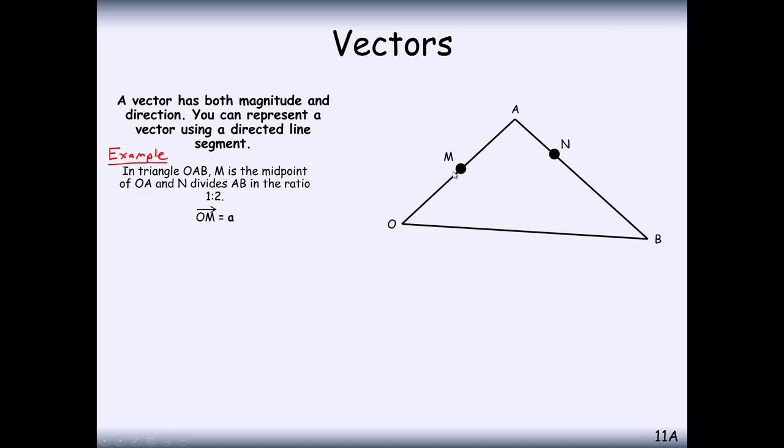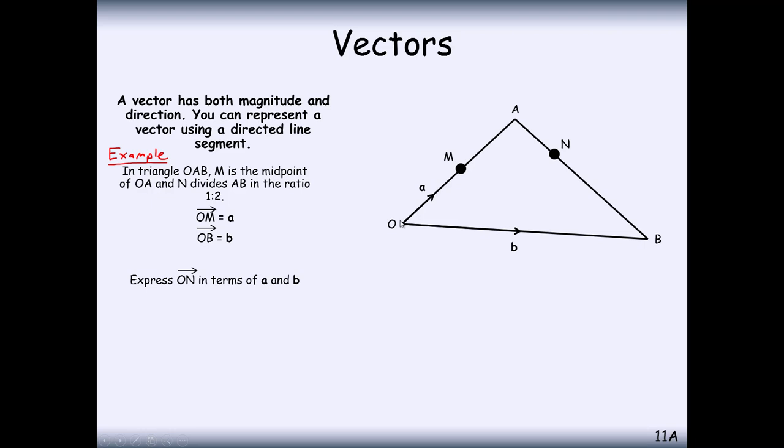OM is equal to a, and OB is equal to b. So all of that length there is equal to b. Okay, express ON, so we've got to go across there and down there, in terms of a and b.